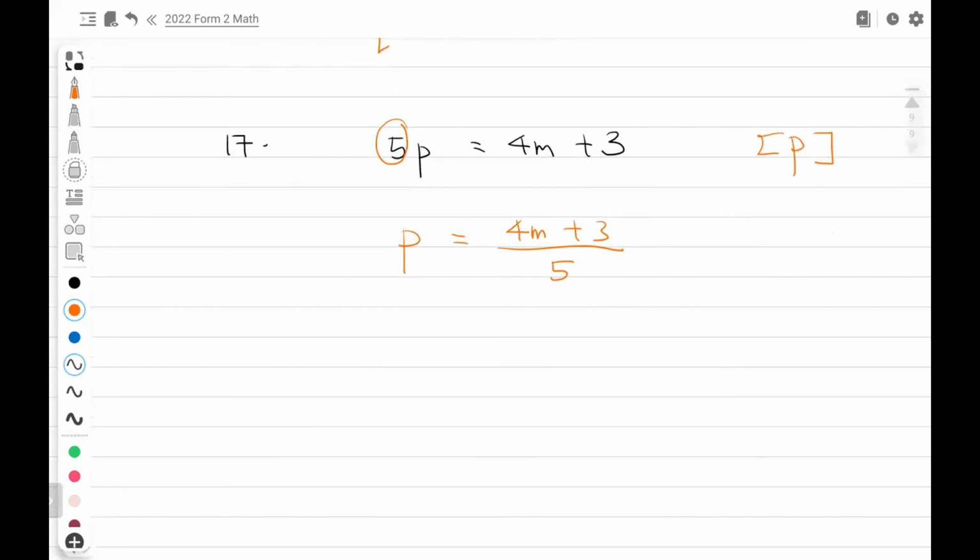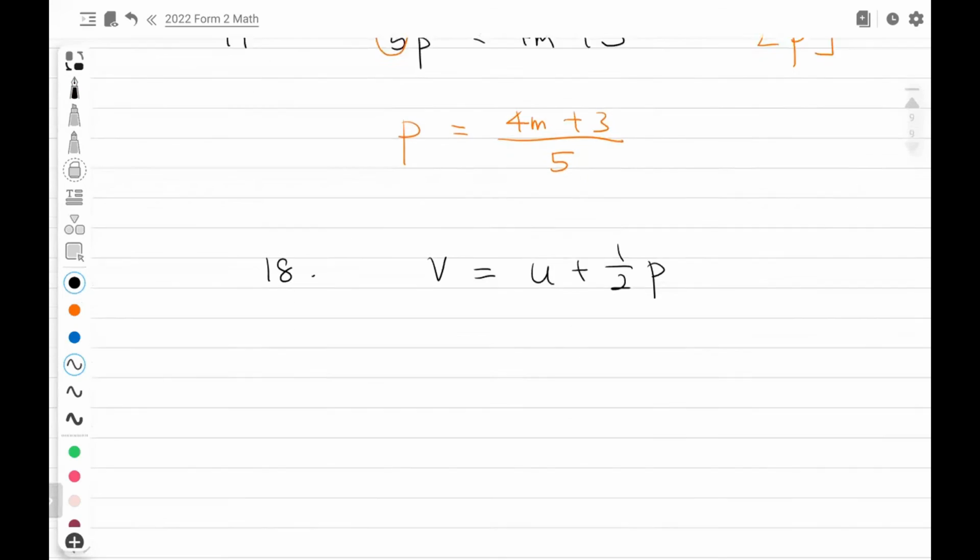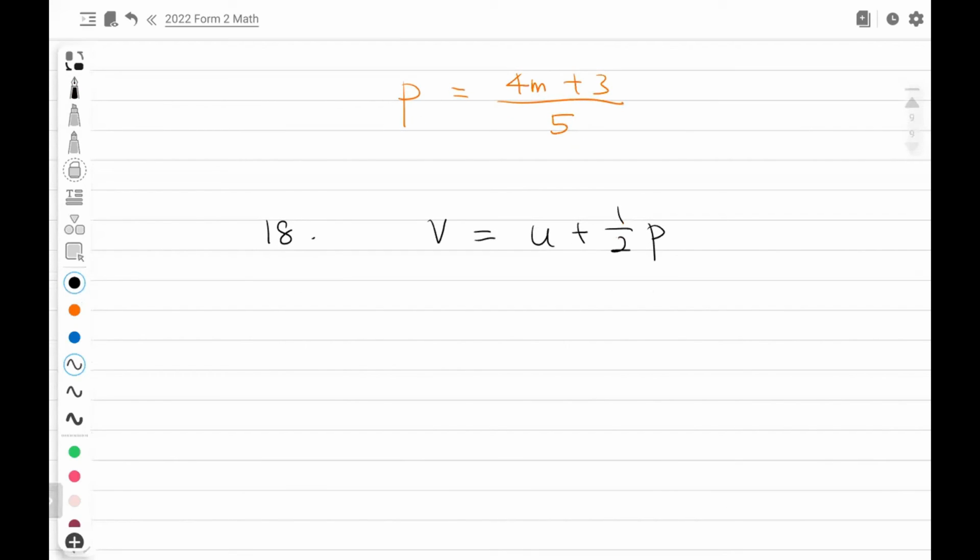Okay, 18. So you have the idea already. V equal to U plus 1 over 2P. Since now P is at the right side, we copy the right side first. 1 over 2P. Then equal V minus U. Here, P equal to what? 1 over 2.